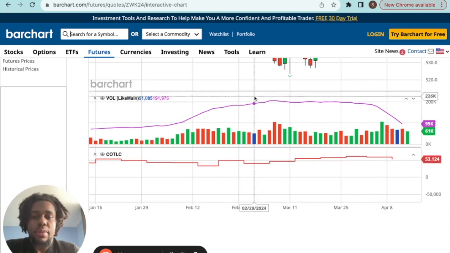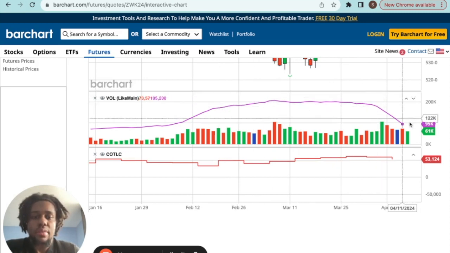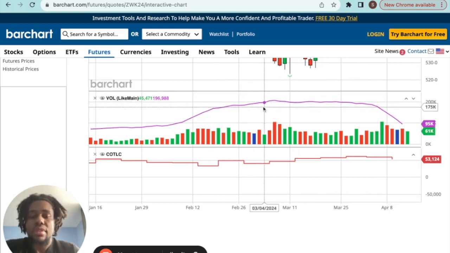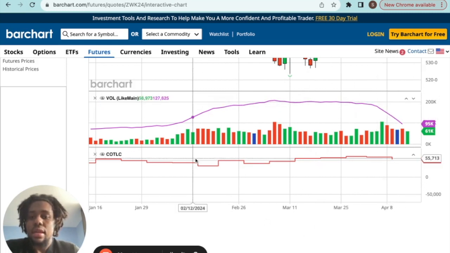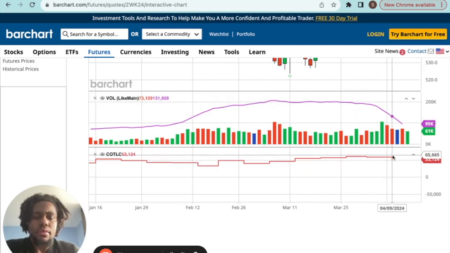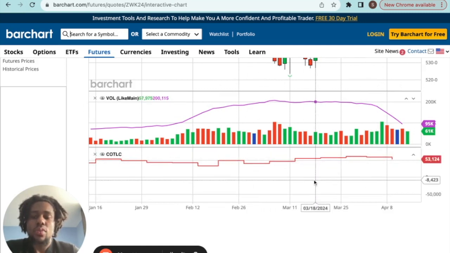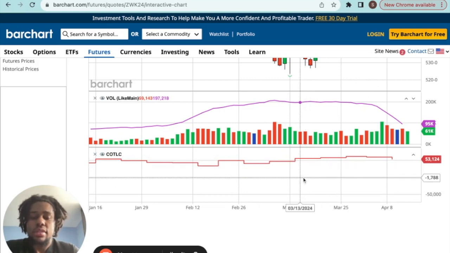Just the cumulative short orders within the market is what I would describe open interest as. And then here we have commitment of traders. They are seeing which way commercial funds are hedging, whether it be bullish or bearish.